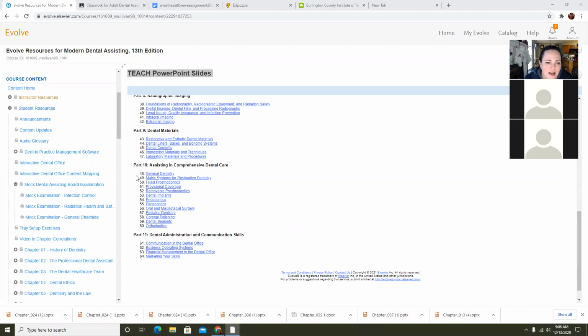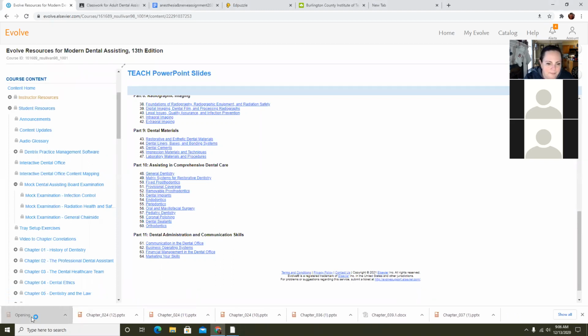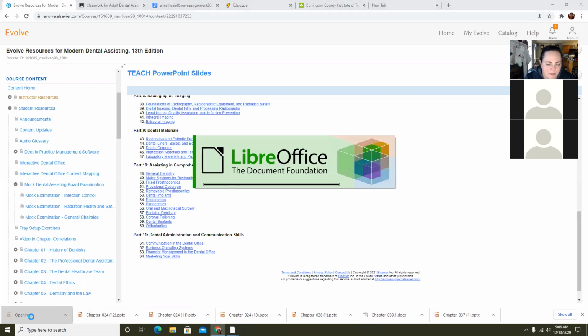General dentistry, I normally wouldn't go over it, but the reason I think we should is they're going to ask you questions about amalgam setups and amalgam procedures and composite procedures. For those of you that don't work in ortho, which I know there's one or two of you, it's going to be a problem. So let's just get through it real quick and see where we are.